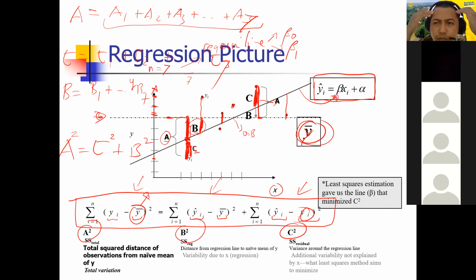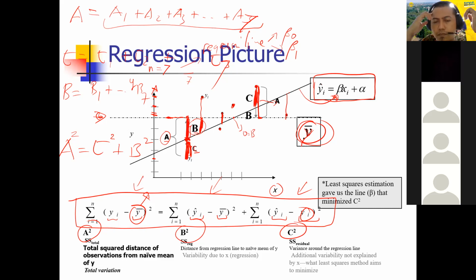Sorry. Can you repeat? I still don't understand why we should calculate the A. I mean, how could this A value help us to create a better model?